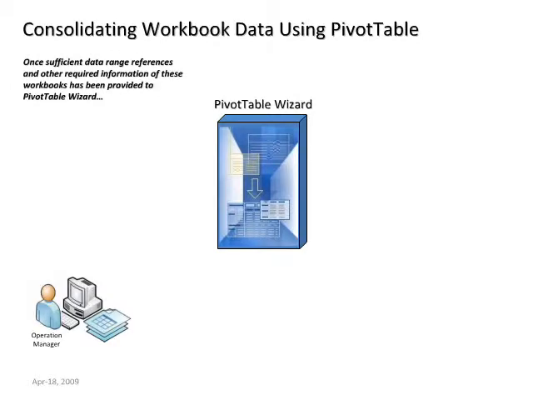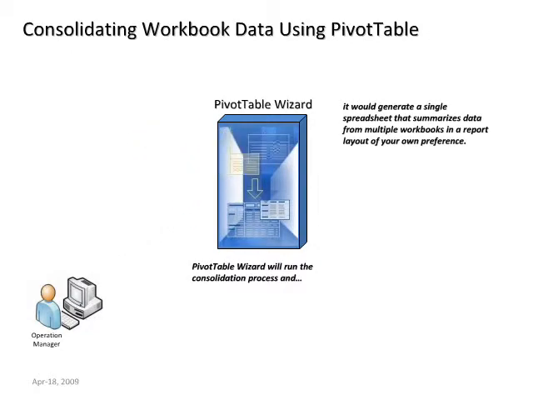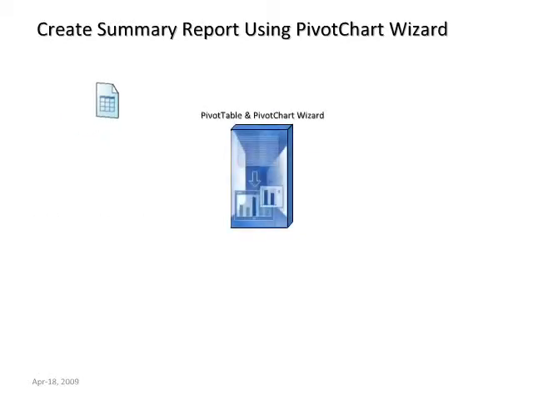Once sufficient data range references and other required information of these workbooks have been provided to PivotTable Wizard, it will run the consolidation process and generate a single spreadsheet that summarizes data from multiple workbooks in a report layout of your own preference. With this consolidated workbook, you can then create a report that summarizes data into tables and charts that allows you to analyze your data using PivotChart Wizard.